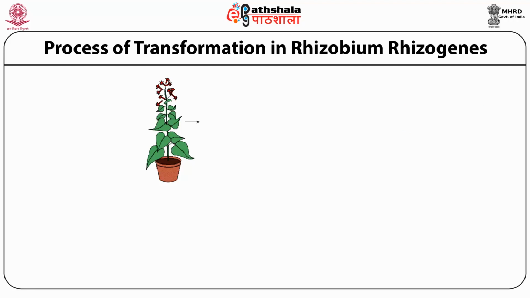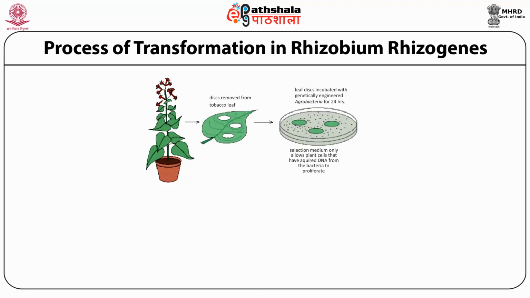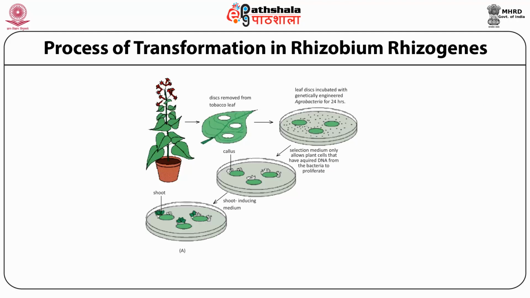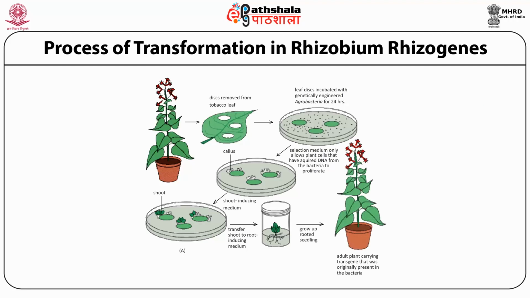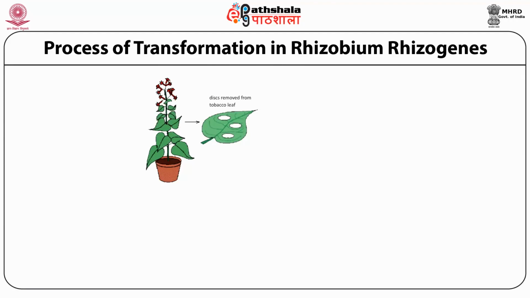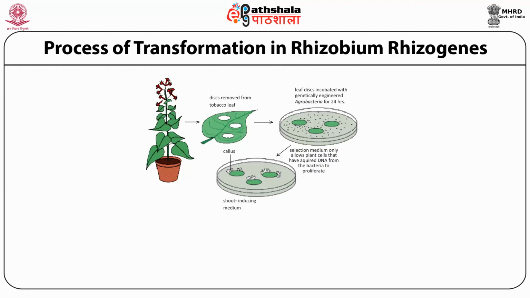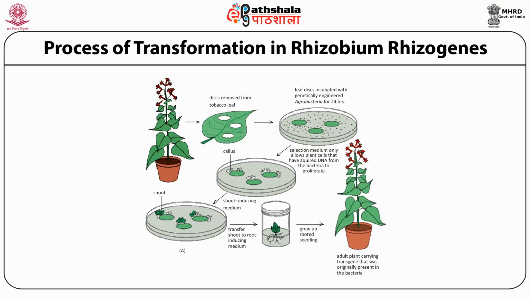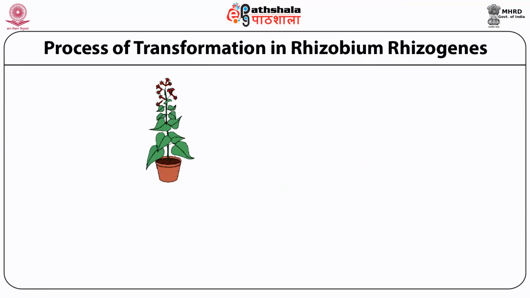We will see how this bacterium infects the plant cell. First of all, we isolate a leaf infected by a suitable bacterium, grown in a petri plate and incubated. Finally, callus is formed and this callus shows shoot induction. Once shoot induction takes place, it is transferred into the rooting medium, which later develops the complete plant.